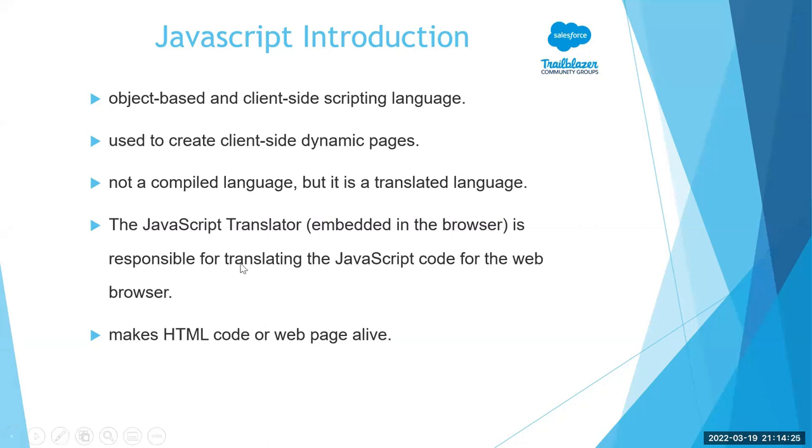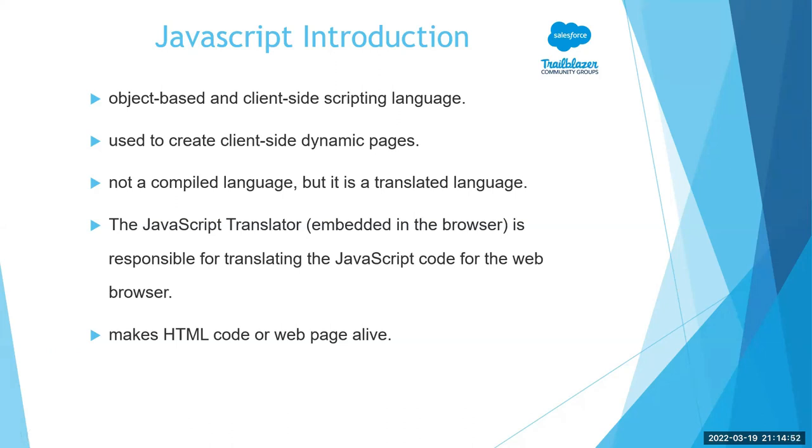As I told already, it is not a compiled language. You don't need any compiler or interpreter. It will be just translated by your browser. It's a translated language, so you need not install any add-on in your browser. Every browser comes with this JavaScript translator. It could be either Chrome or Edge or IE, whatever it is.